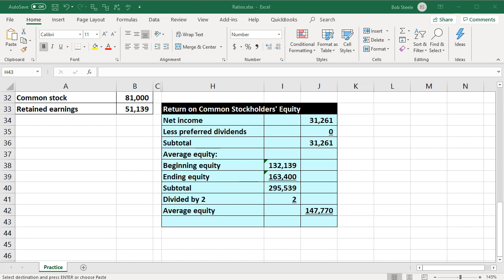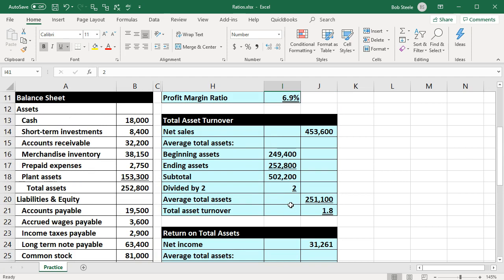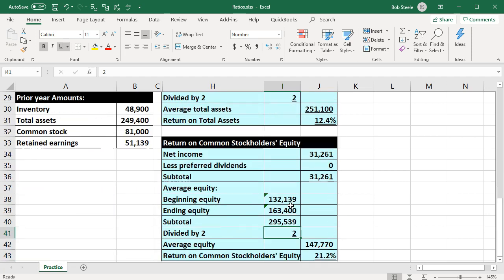Then we're going to have the final number, return on common stockholders' equity, and that's going to be equal to the 31,261 divided by the 147,770 for a 21.2%.